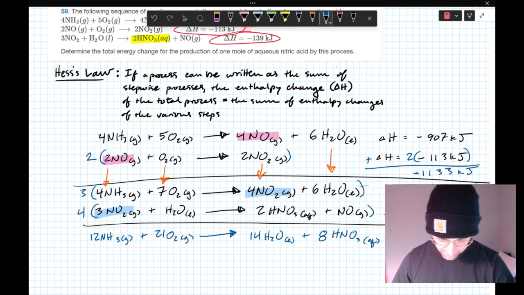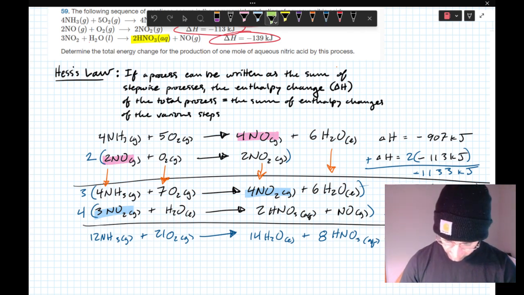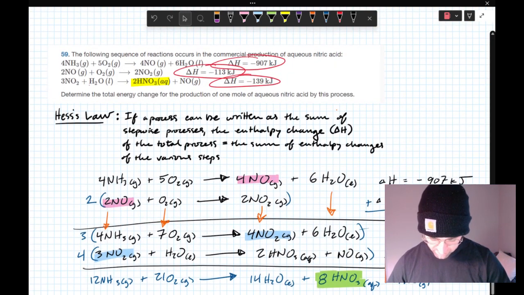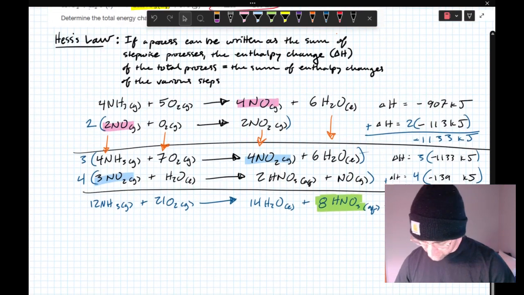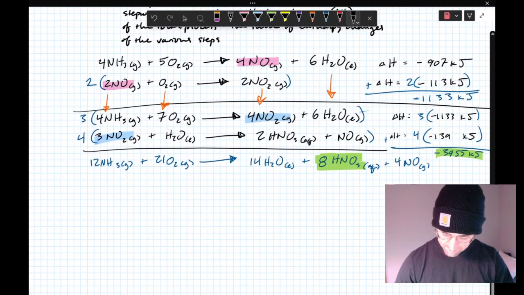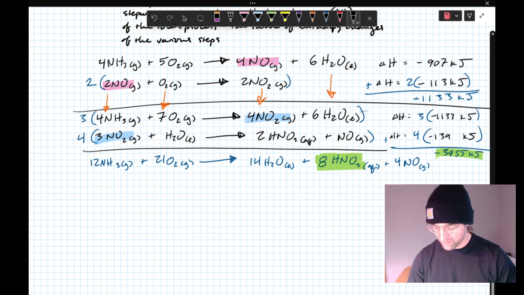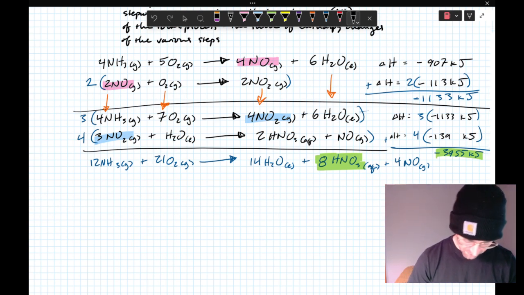So that is the total energy change for the production of 8 moles of our product, right? I'm going to highlight this in green so it's clear that it's different. So for 8 moles of our aqueous nitric acid, we produce 3,955 kilojoules.